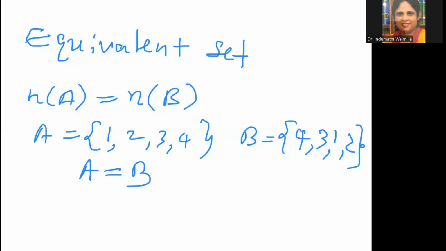And the next type of set is the disjoint set. Two sets, call them A and B, are said to be disjoint sets if they do not contain any common element.